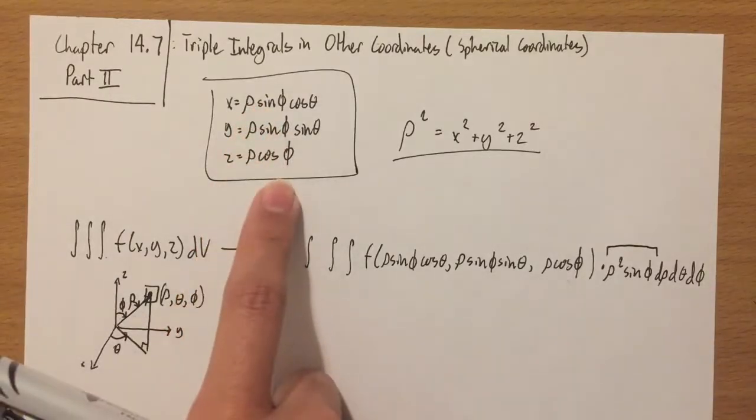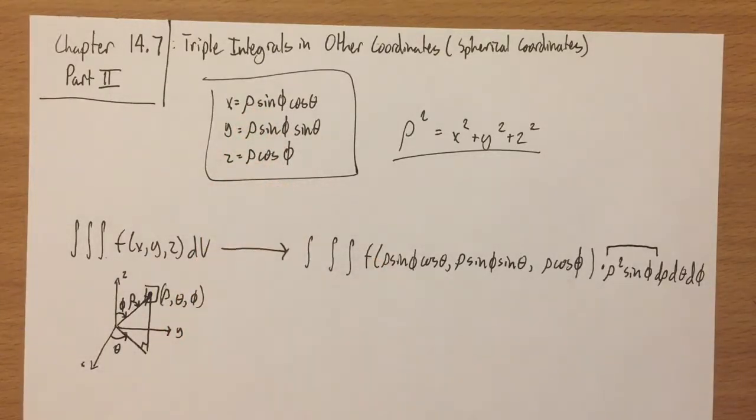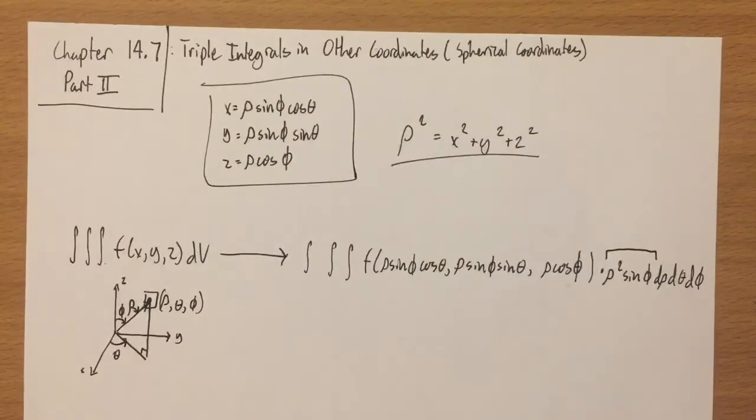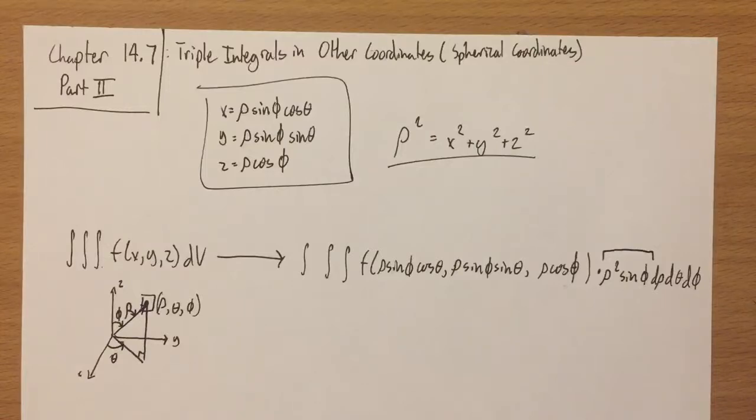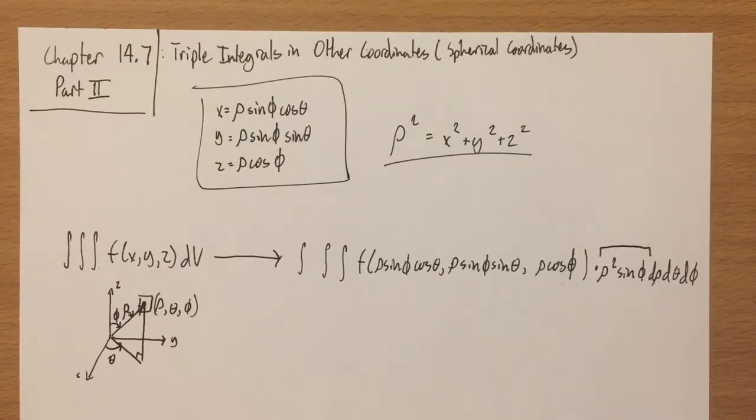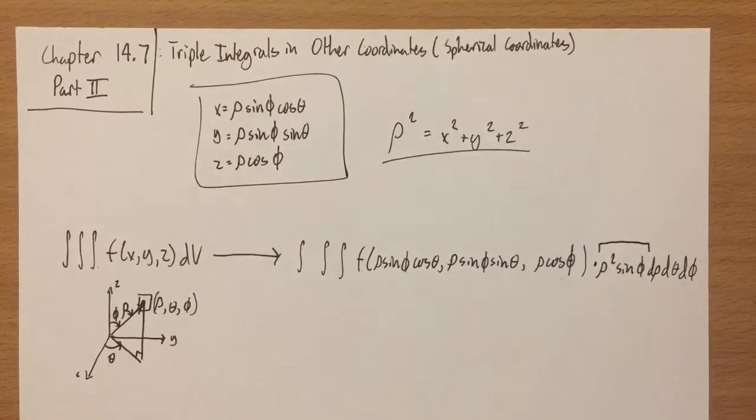The reason we use spherical coordinates is to make triple integrals that might be more difficult in rectangular coordinates simpler and a lot easier to solve.